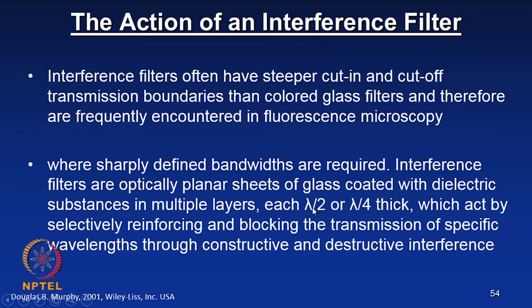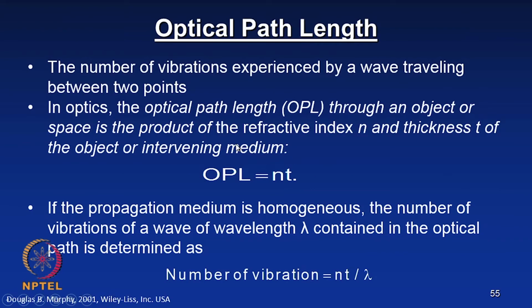Each could be lambda by 2 or lambda by 4 thick, which act by selectively reinforcing and blocking the transmission of specific wavelengths through constructive and destructive interference. This is what I just mentioned. So, this is about the interference filter. We will now look at another important parameter called optical path length.